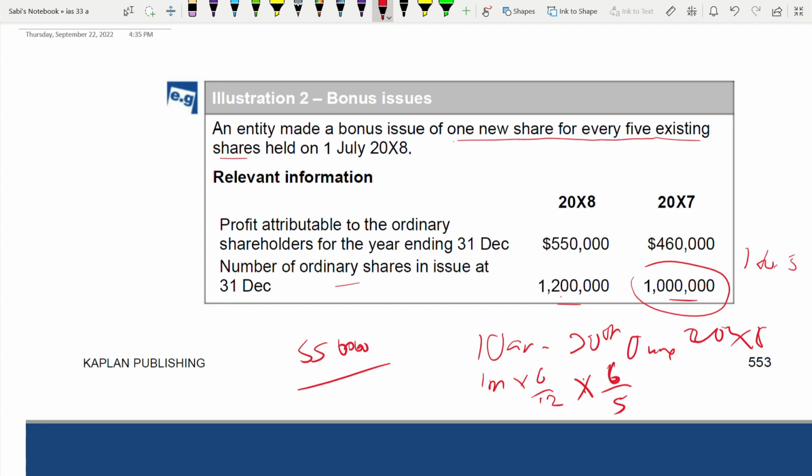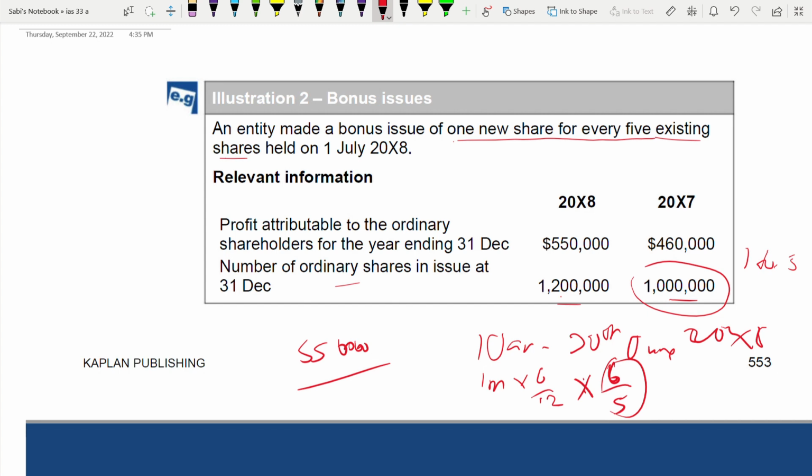You understand? 1 for every 5. If you take it in terms of fraction, it will be 6 over 5. After the bonus, 1 plus 5, 6, and then divide by 5. That means a shareholder who had 5 shares before bonus issue now will have 6 shares after the bonus issue.